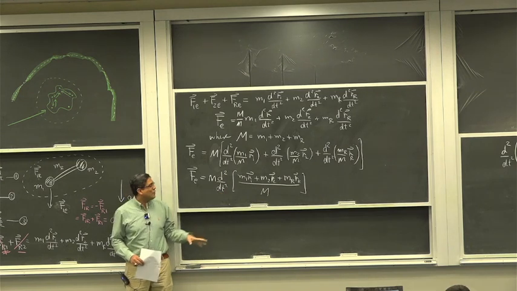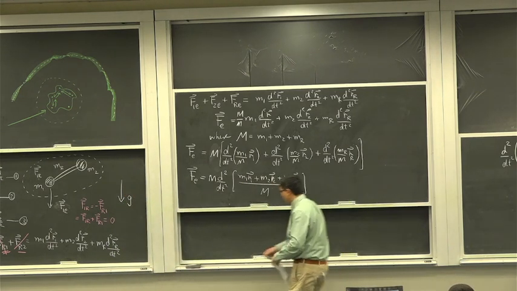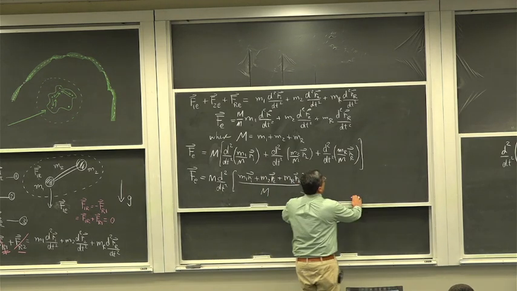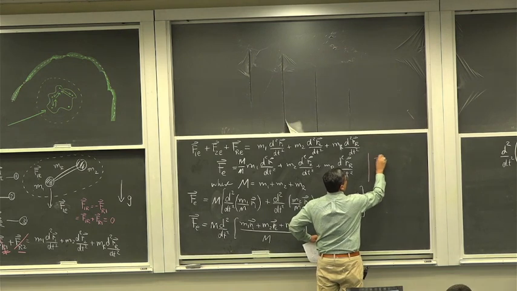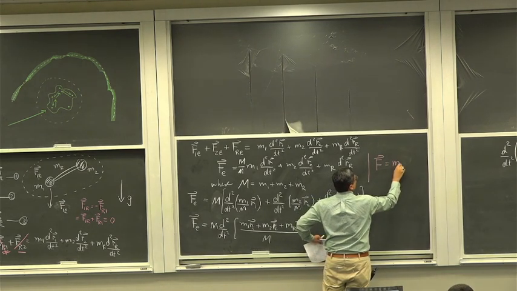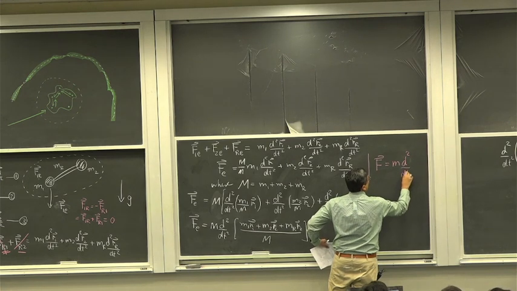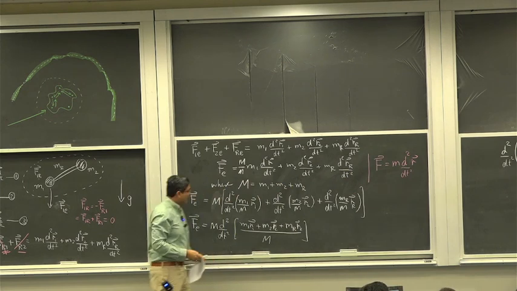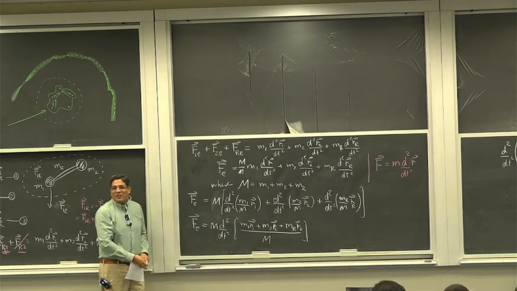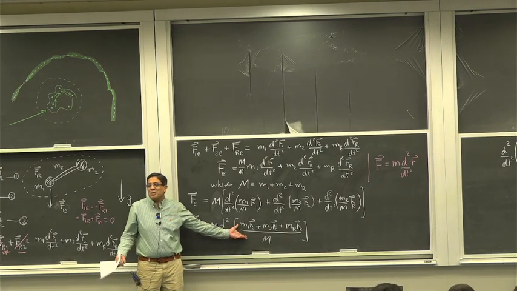Okay. Now, if you carefully look at the general statement of Newton's second law, let me write it in color for you. Look at this and compare it with this equation. What do you think this quantity is?